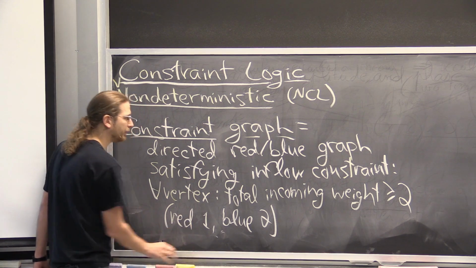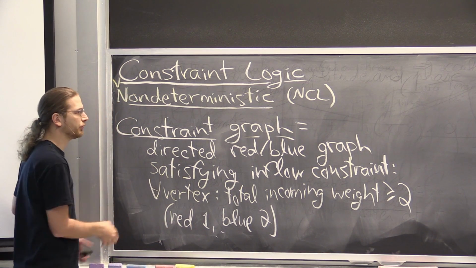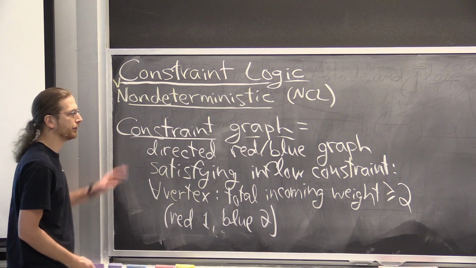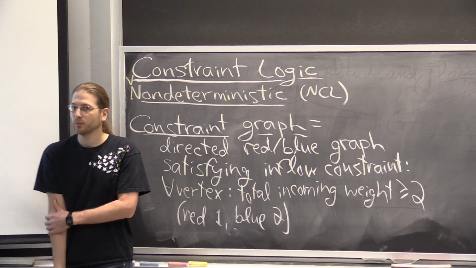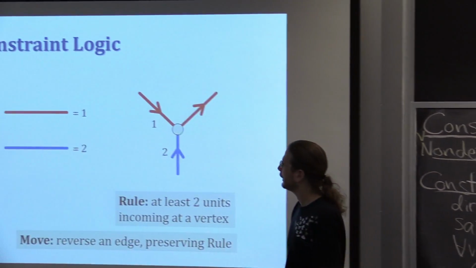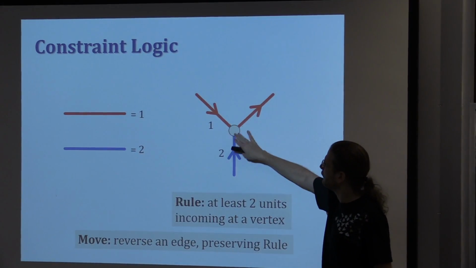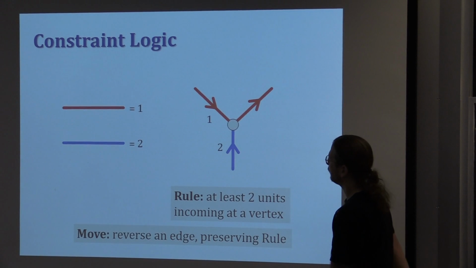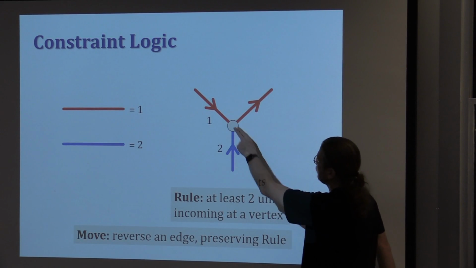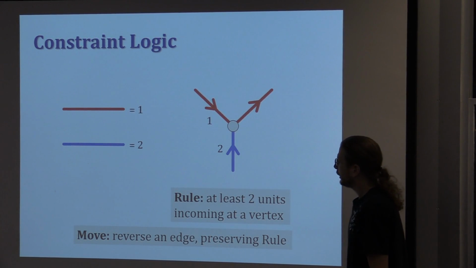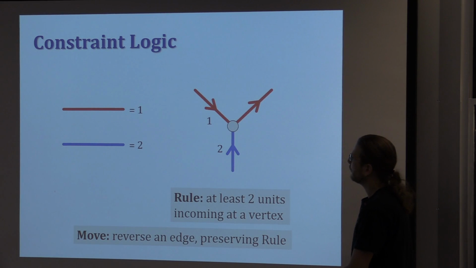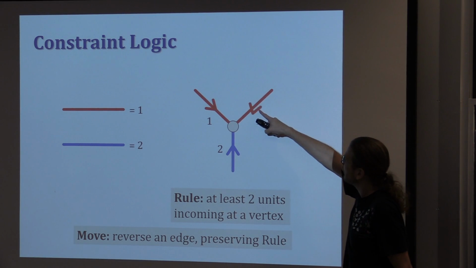Okay, and then we're interested in reconfigurations of constraint graphs by reversing one edge at a time. So here, let's look at a vertex. This guy has total incoming weight of 3, 1 from the red, 2 from the blue. And a move we're allowed to do is, say, reverse an edge like this.